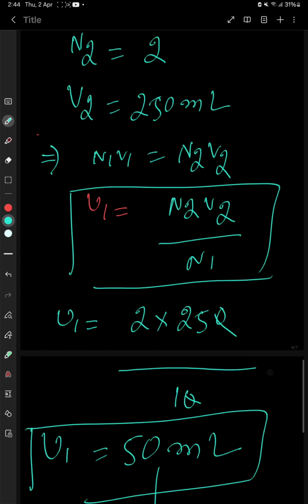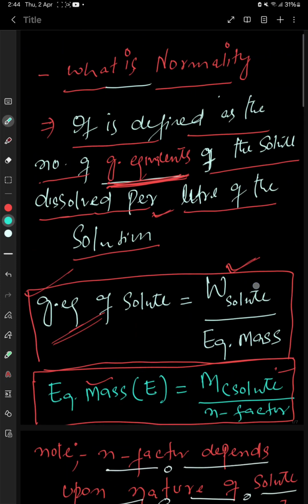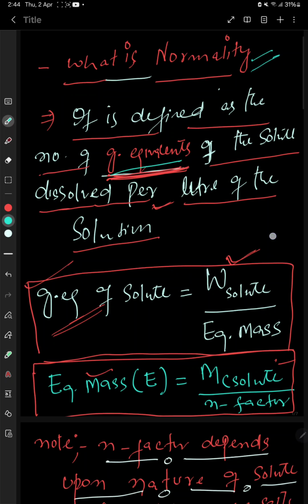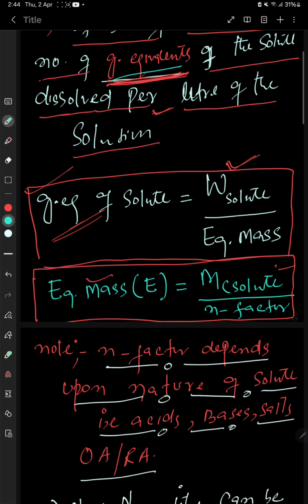So in this topic, we discussed normality. Normality includes a very important term called gram equivalent of the solute, and gram equivalent of any solute is equal to mass of the solute divided by gram equivalent mass, and equivalent mass is equal to molar mass divided by n factor.